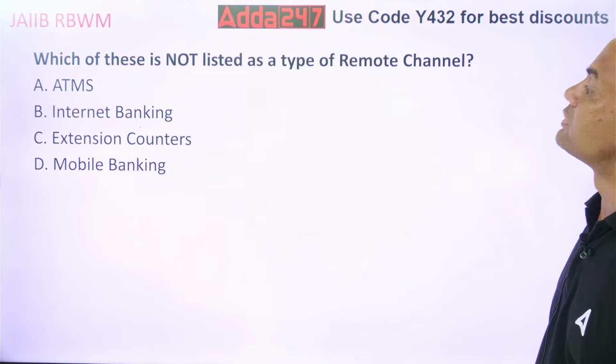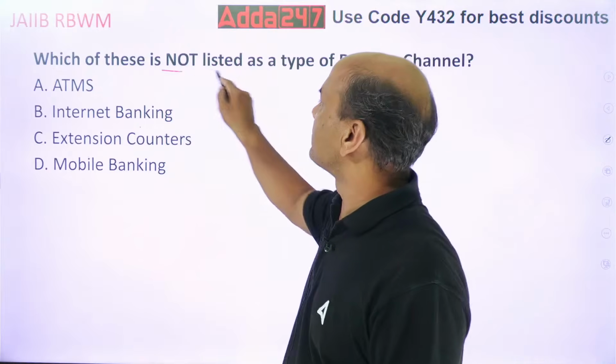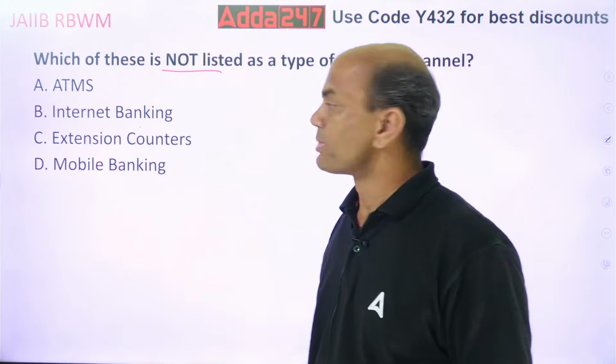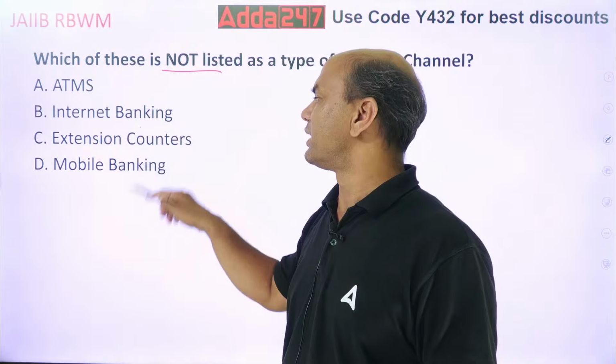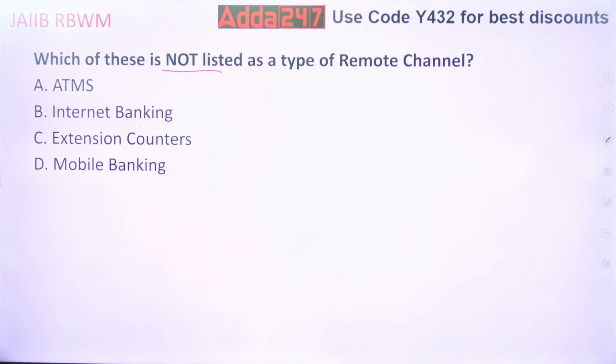Which of these is not a type of remote channel? Kindly note, not a type of remote channel. The options are ATMs, internet banking, extension counters, and mobile banking.